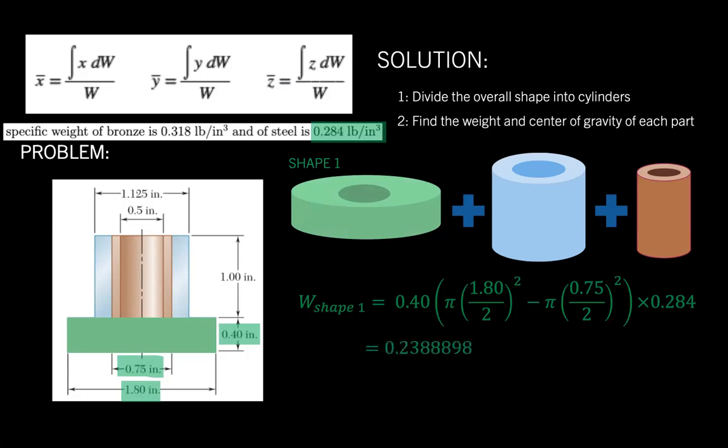So that is in turn equal to 0.2388898 pounds. Because of symmetry, we don't have to worry about the x-coordinate of the centroid of this whole figure. We only have to worry about the y-coordinate. So the y centroid of shape 1 is equal to 0.40 over 2, which is 0.20.